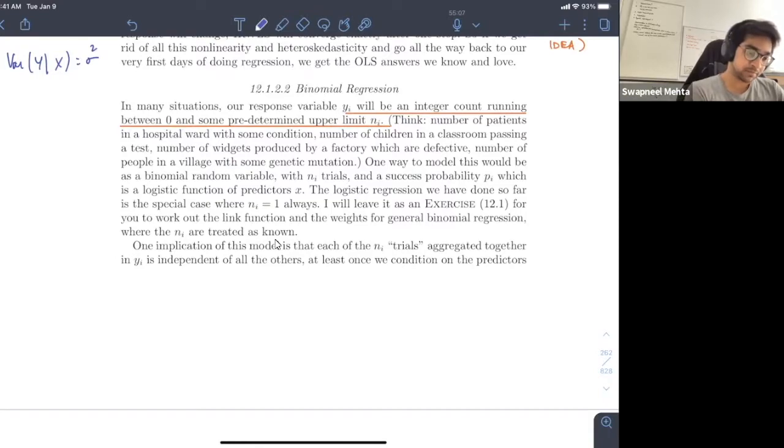So your y will be an integer count running between 0 and n. So number of trials could be number of patients in a hospital ward, number of children in a classroom, number of widgets produced by a factory which are defective, number of people in the village with some genetic mutation. Basically a lot of real life cases involve this binomial random variable. So it is a good thing to use.